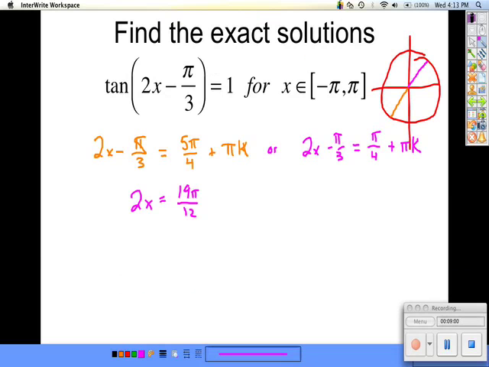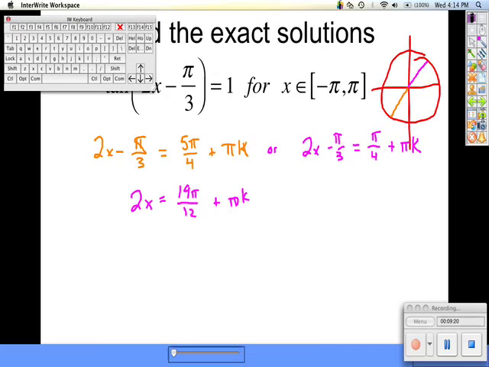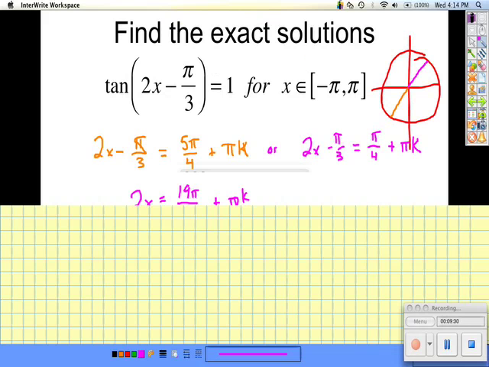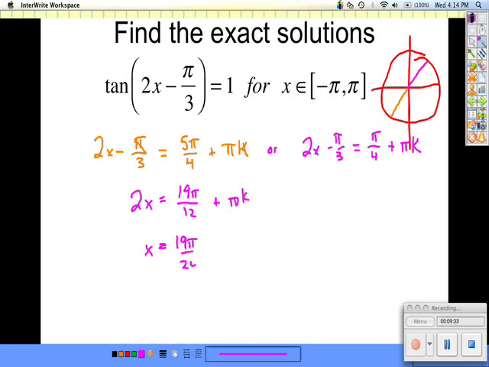Plus pi k. Divide by 2 on both sides. And I get that x is equal to 19 pi over 24 plus multiples of pi over 2.